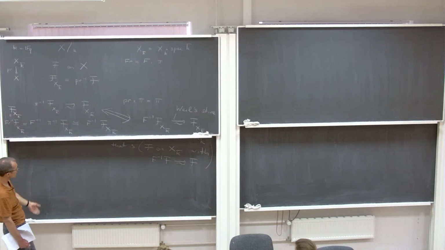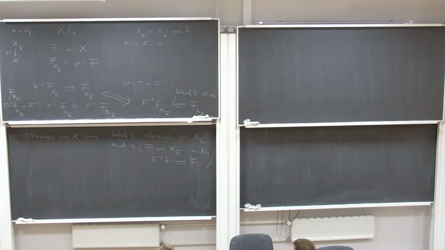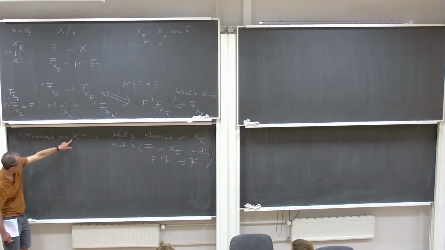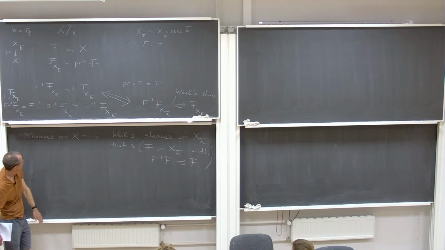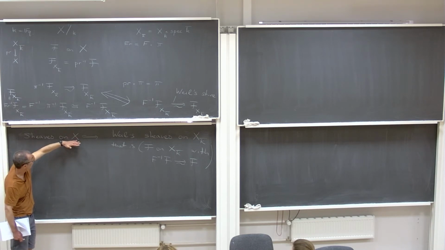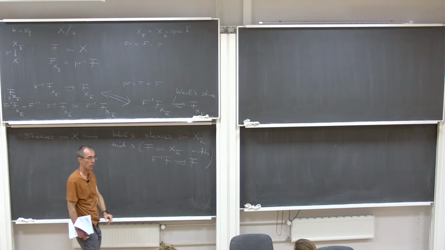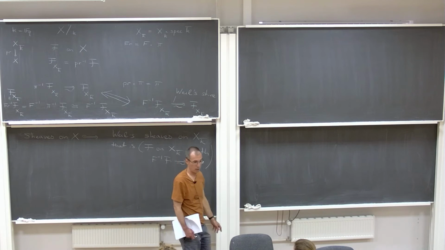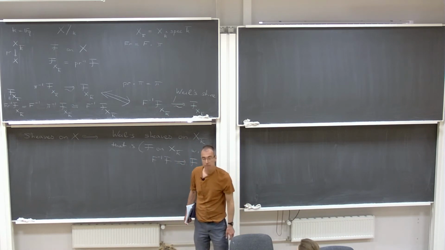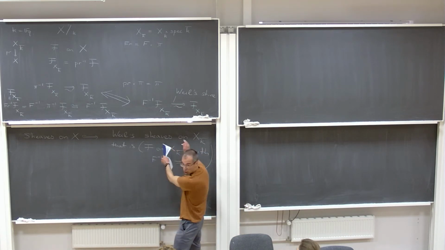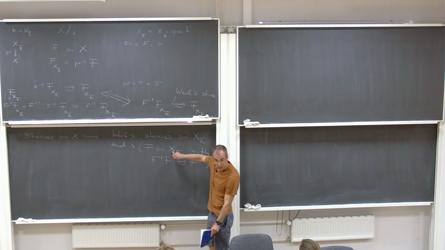So you can see the difference even in the case when X is the spectrum of a field, say F_q. So what are l-adic sheaves on the spectrum of F_q? These are continuous representations of the group Z hat, right? And what are Weil sheaves? So if X is a point, then this is also a point.